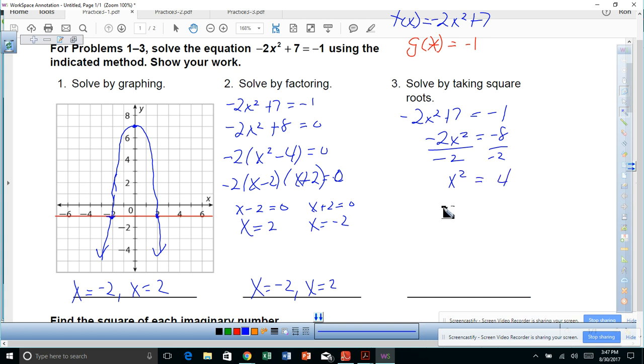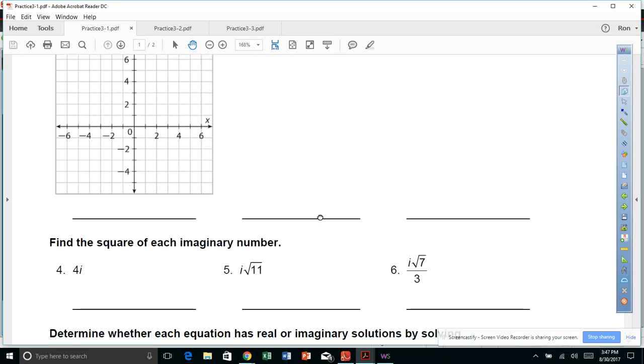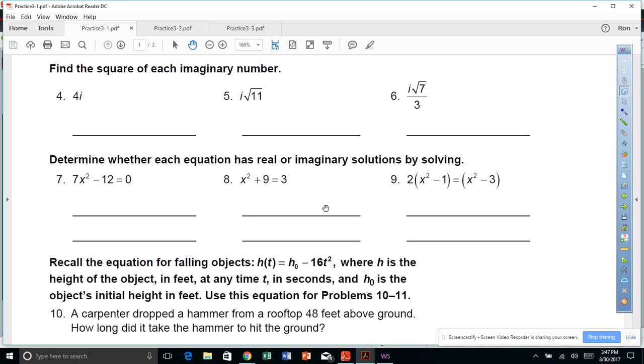Now that we've got x squared by itself, we can take the square root of both sides, and that'll give us x equals plus or minus 2. So again, x equals negative 2 and x equals 2. Either way you do it, you still get the same result. Good. All right. Number 4.